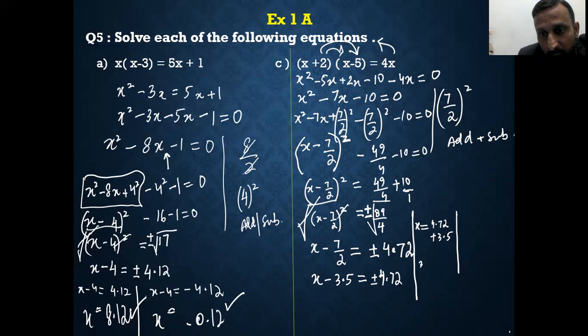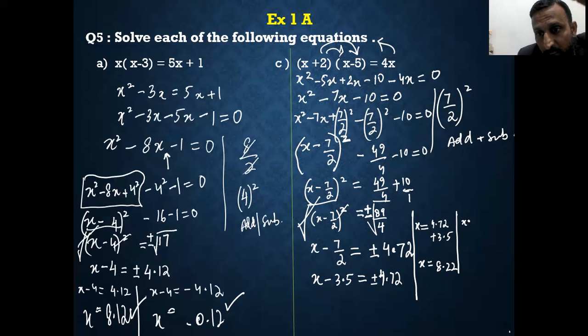So your first answer is found to be 4.72 plus 3.5, it's 8.22.